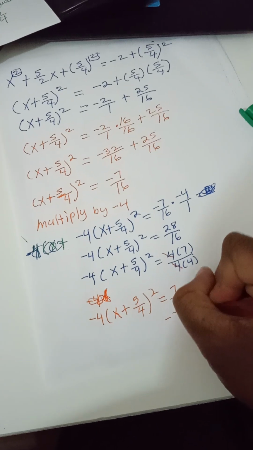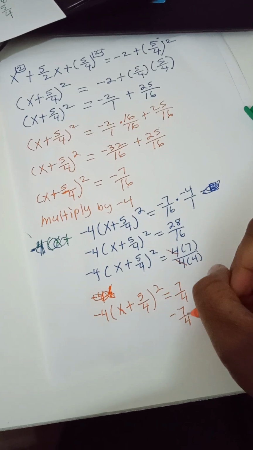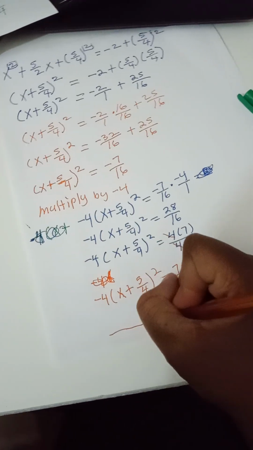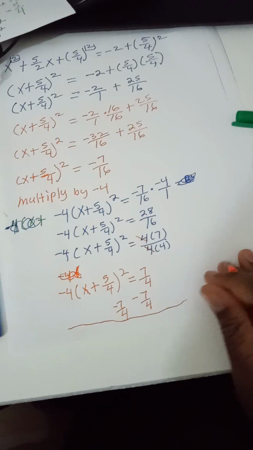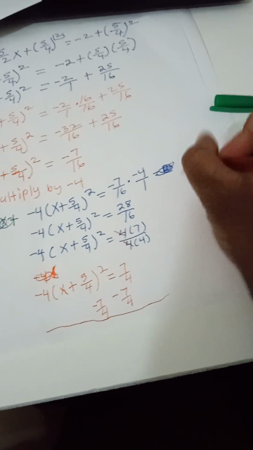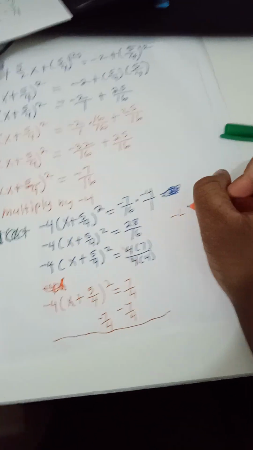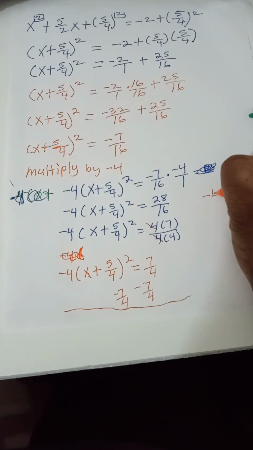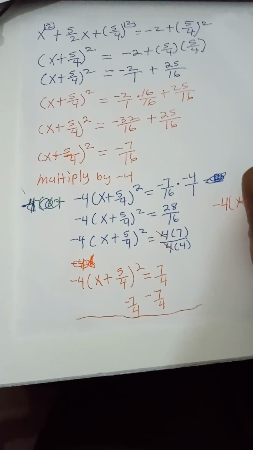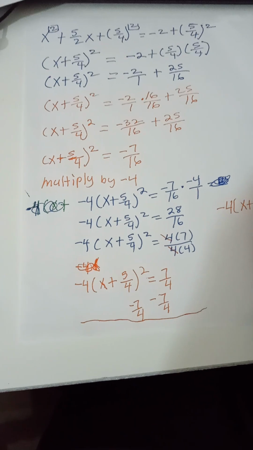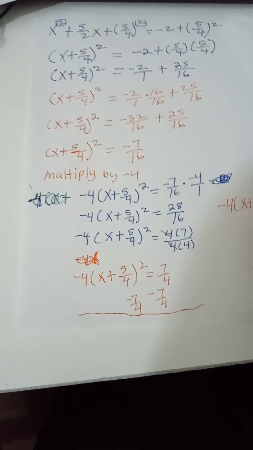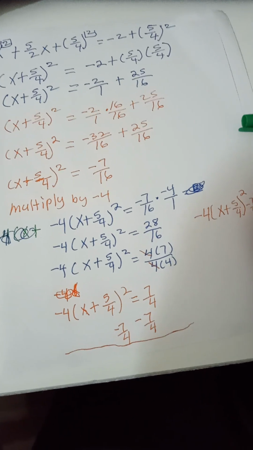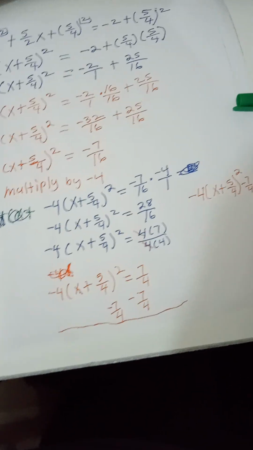And then we subtract 7/4 from both sides. And we will obtain -4 times x plus 5/4 squared minus 7/4 is equal to 0.